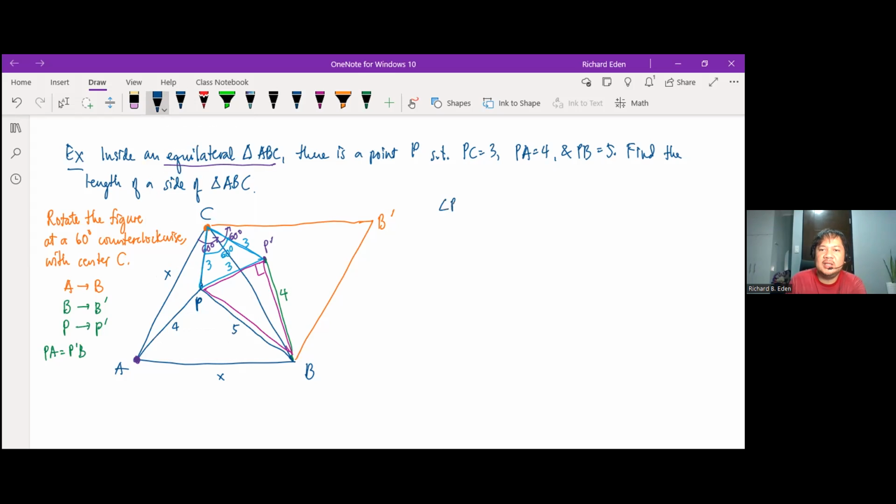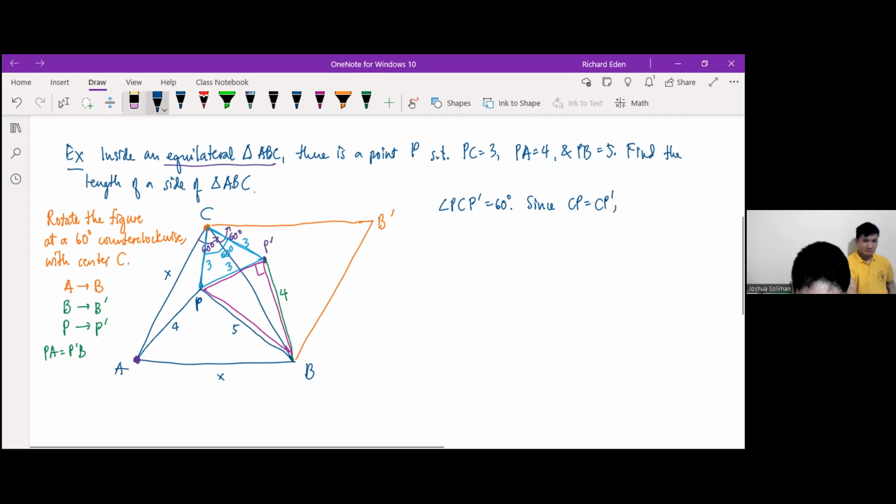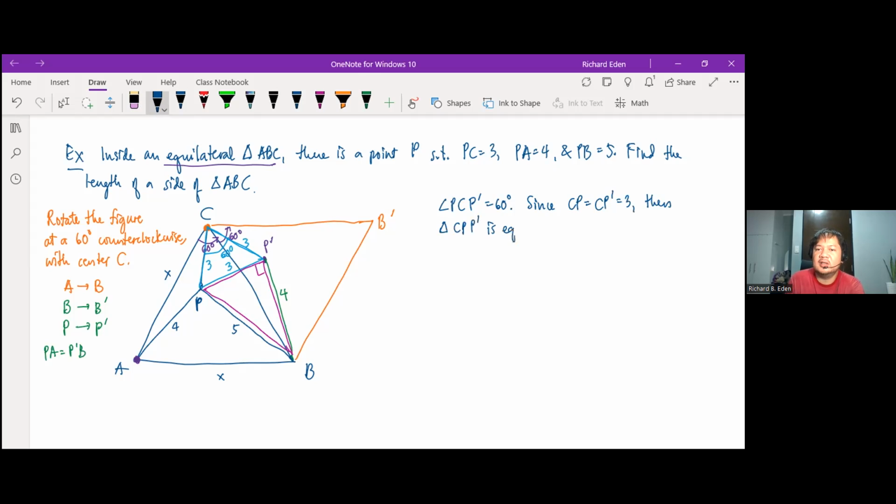So angle PCP prime equals 60 degrees. Since CP equals CP prime, and they are in fact both equal to 3, then triangle CPP prime is equilateral, and PP prime equals 3.